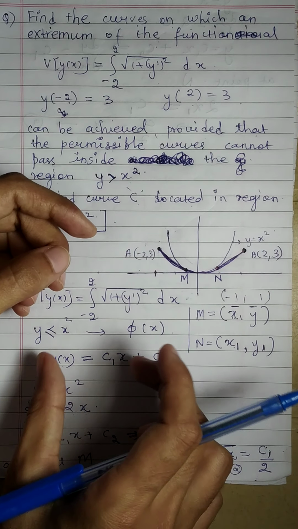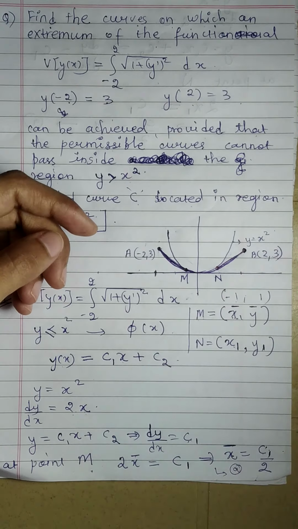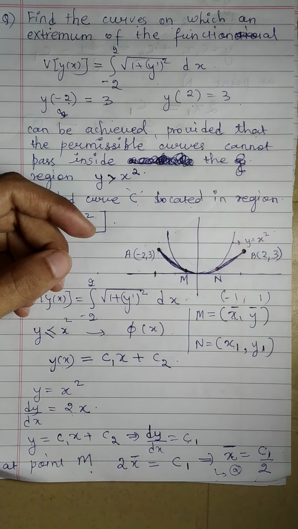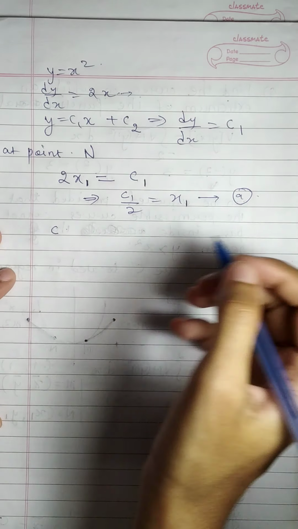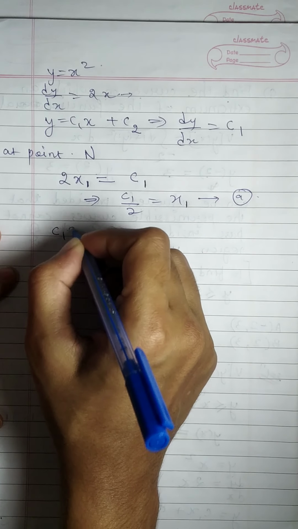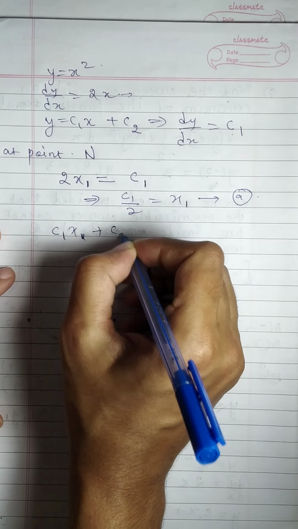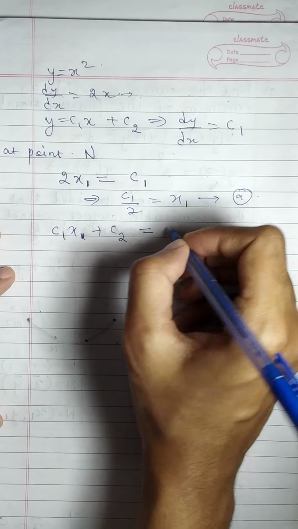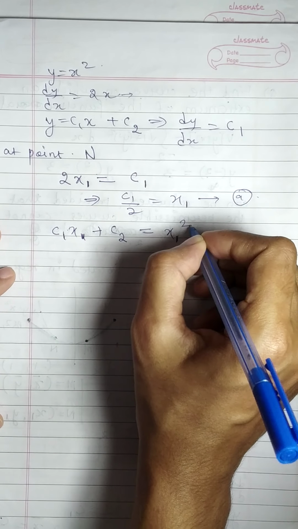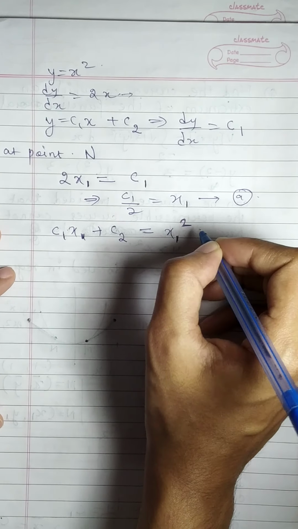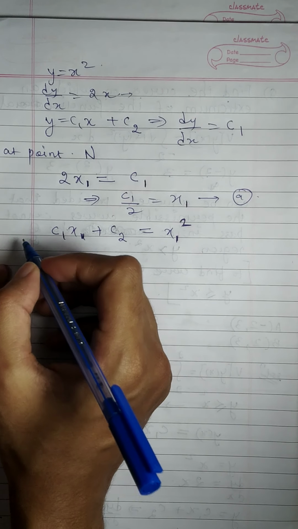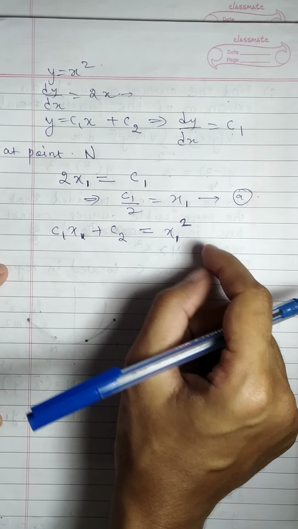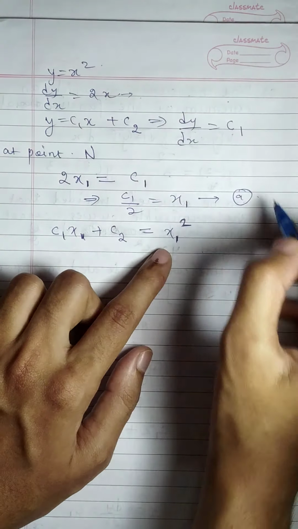So this equation is satisfied by this point. c1 x1 plus c2 will be equal to x1 square, because at the point N it coincides with the curve.